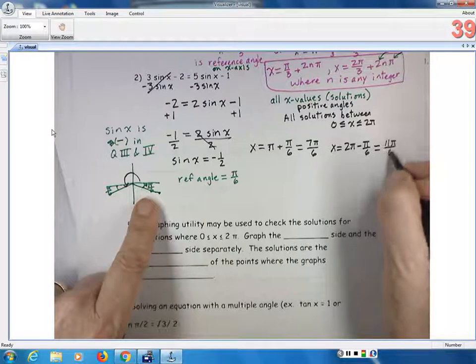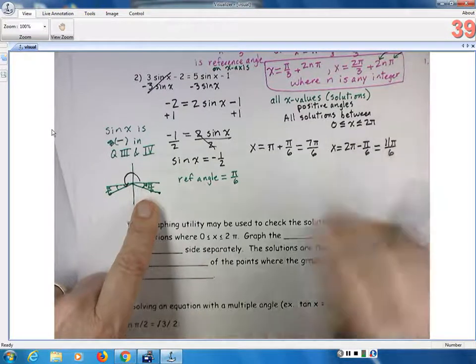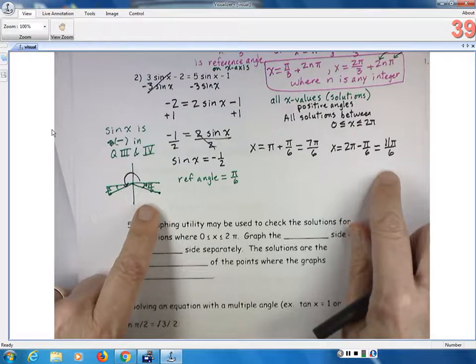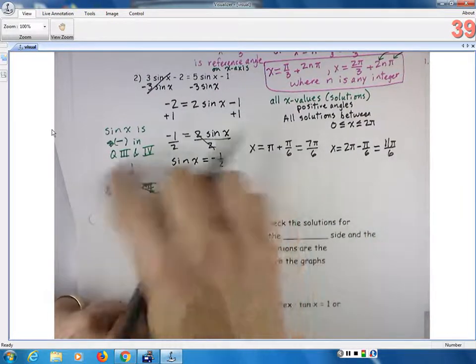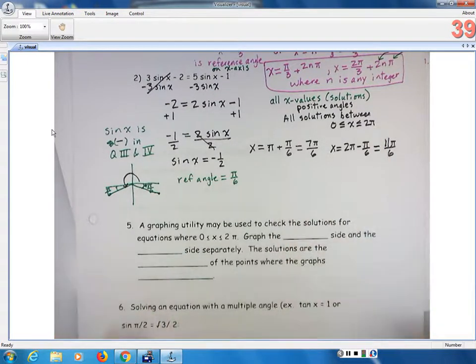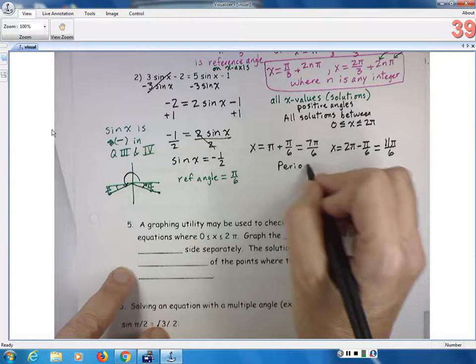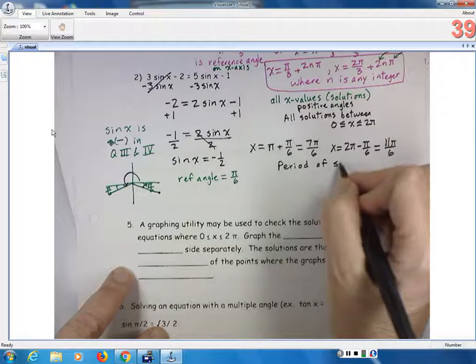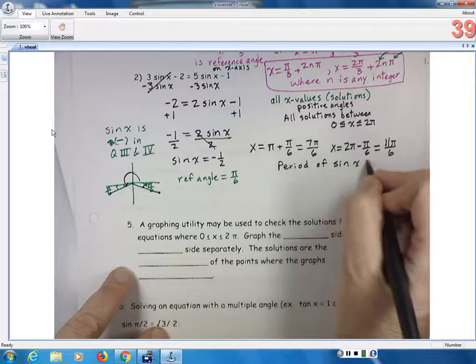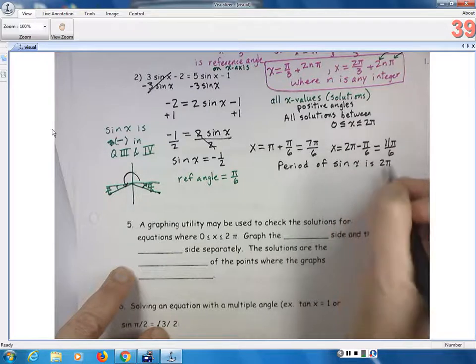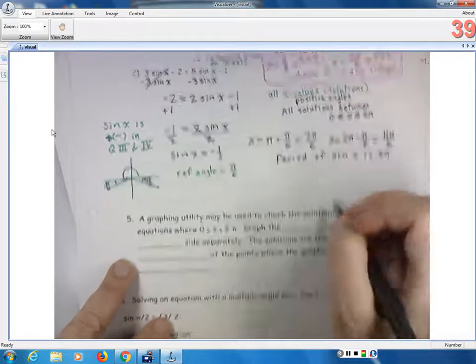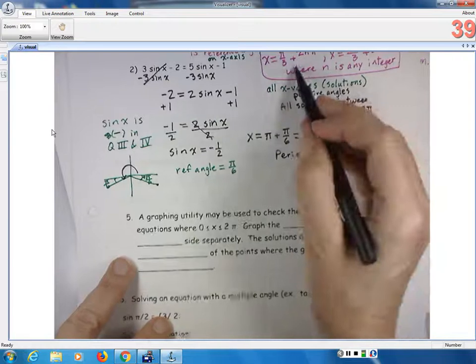So these are my two solutions between 0 and 2 pi. Now, because the period of sine x is 2 pi, we're going to write these like we did up there.